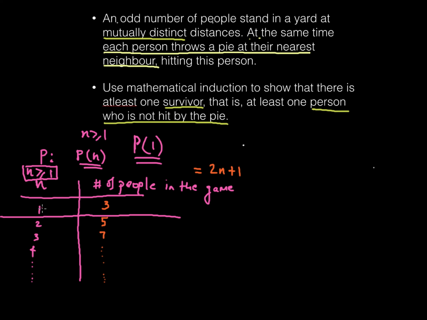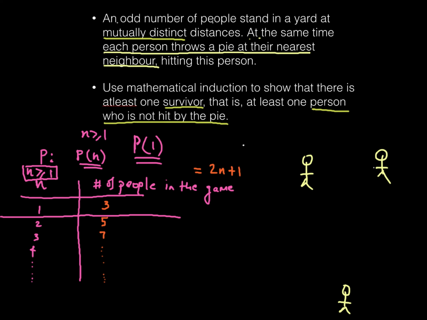n equals 1 represents exactly 3 people playing the game. So I draw these 3 people over here, A, B, and C, and let's assume that the third person is over here.